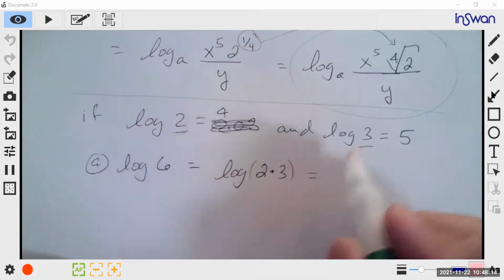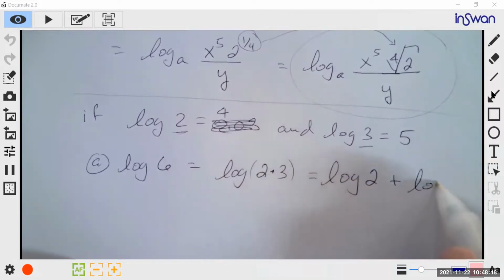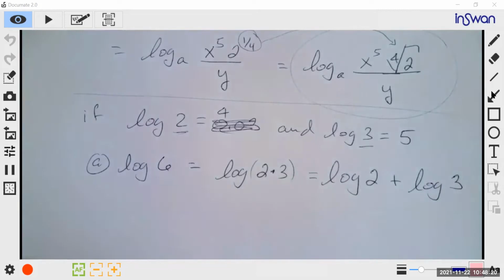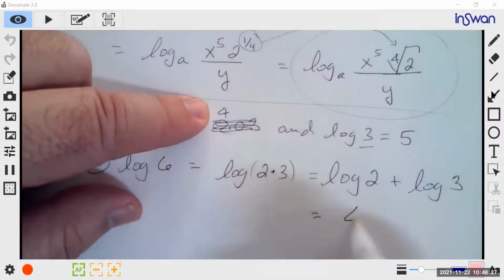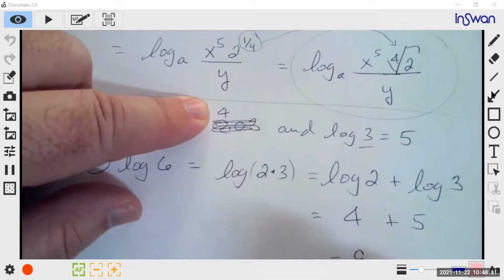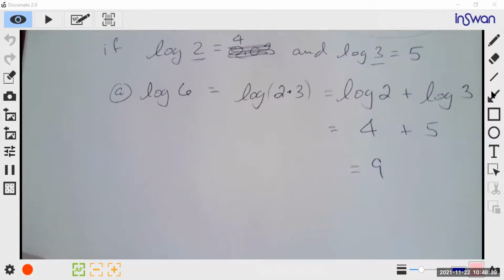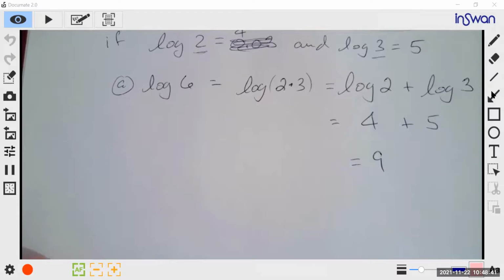So since they're multiplied, log of 2 plus log of 3. Since they're multiplied, I can split them up. And log of 2 was 4, log of 3 was 5. The answer is 9. Makes sense?